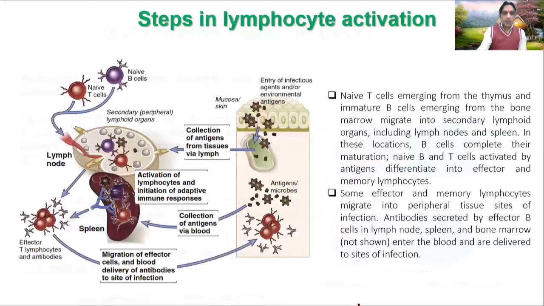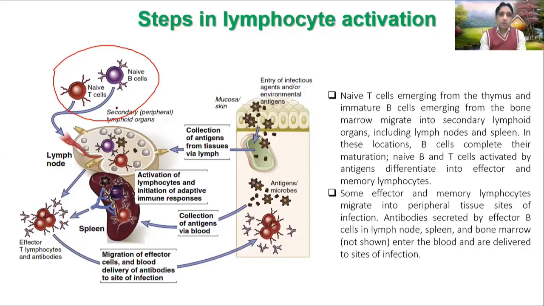So this slide actually summarizes how these two cells, beta cells and T cells, got activated. Both of them were naive. Once both of them were naive, they never came across any trouble. They travel in the bloodstream.